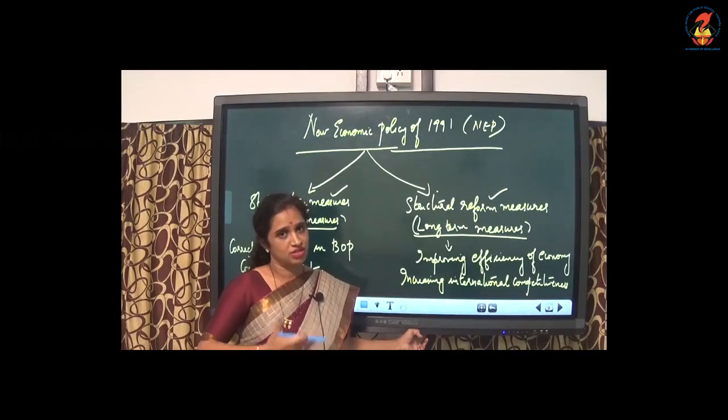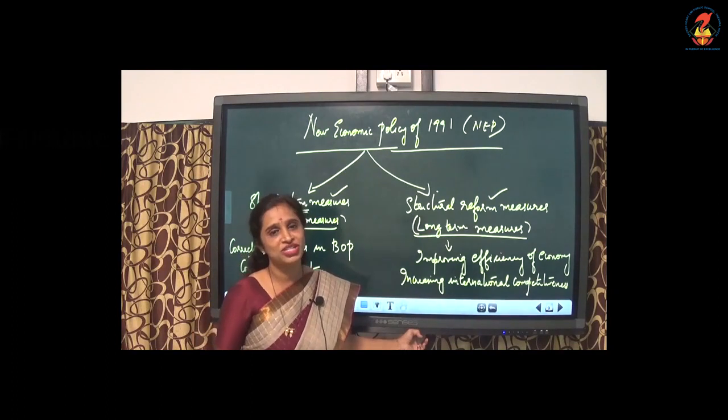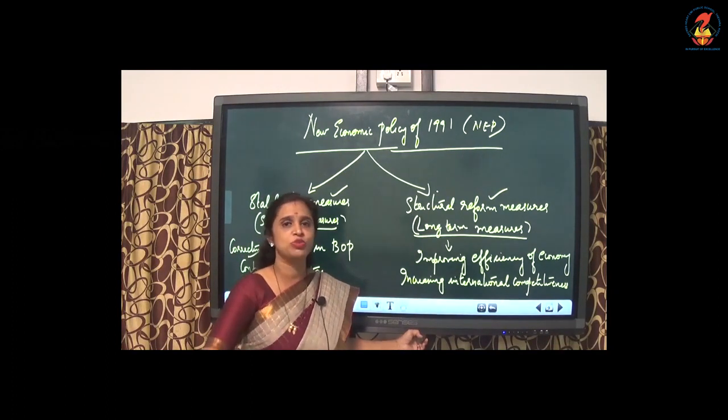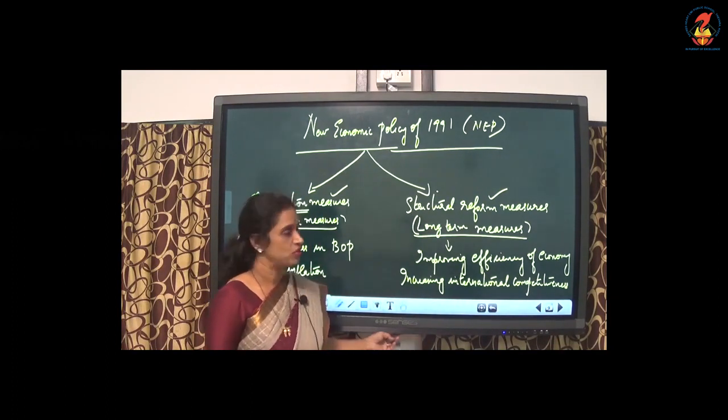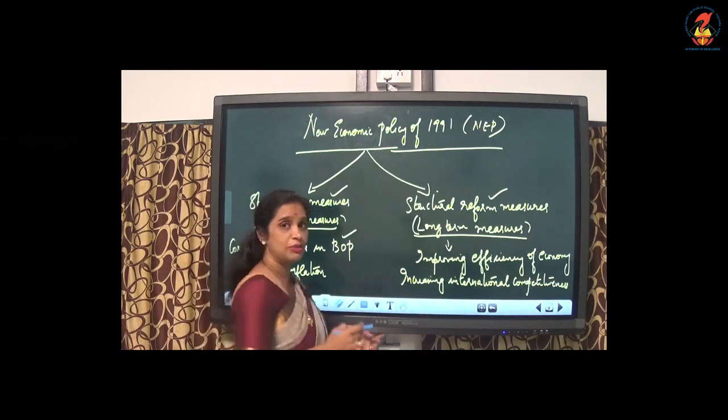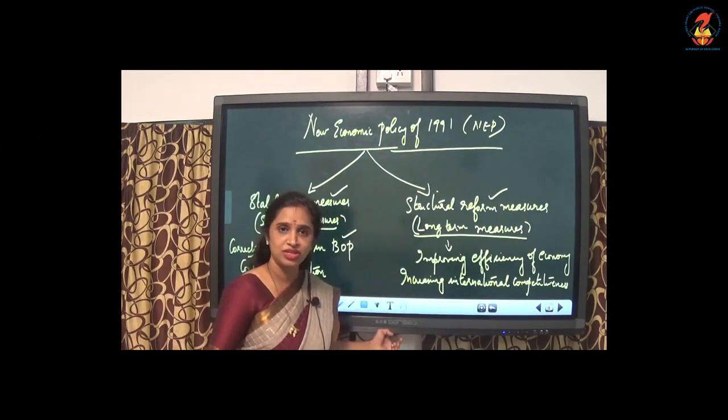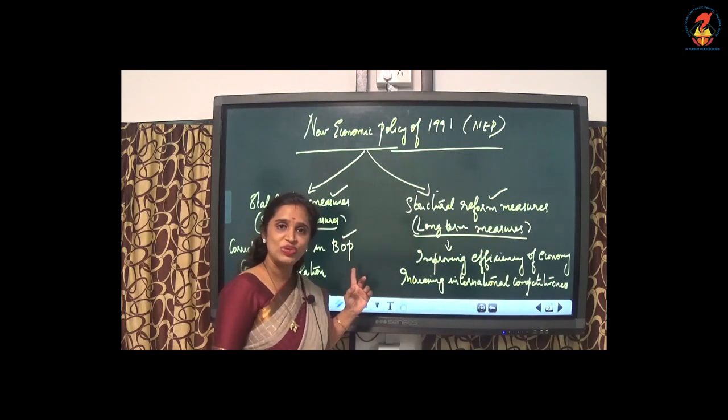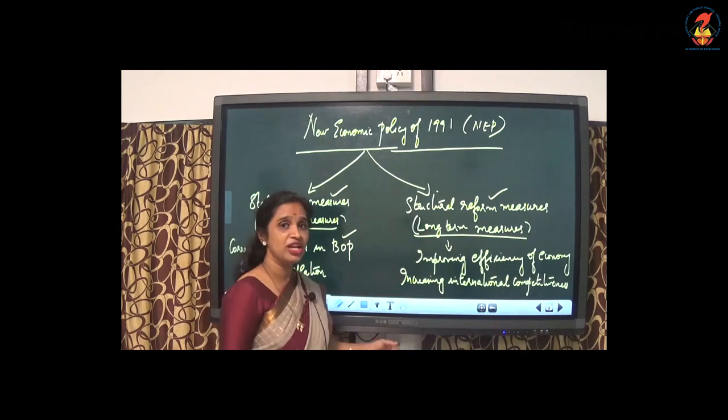Importing of foreign goods in all areas has to be encouraged. In fact, it means removing all kinds of trade restrictions and encouraging goods from other countries to India. Then only will there be exports from India to other countries. Thereby, BOP weakness also can be removed. That comes under the stabilization measures.